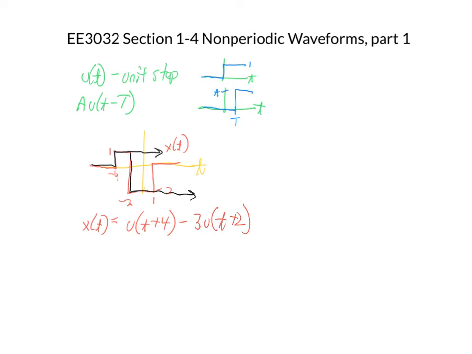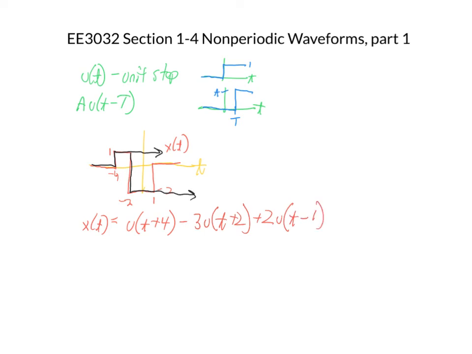And we can make the final correction, which is going to be to go up 2 volts from negative 2 volts to 0 volts. So up 2 volts, and then we multiply that by a unit step at time 1, so t minus 1. So there we go.